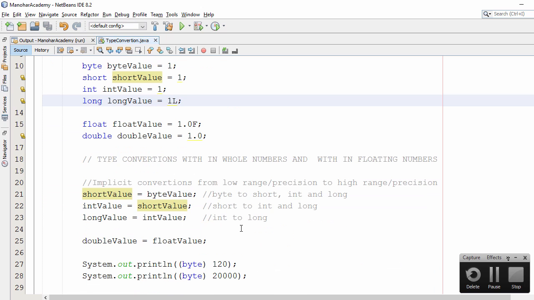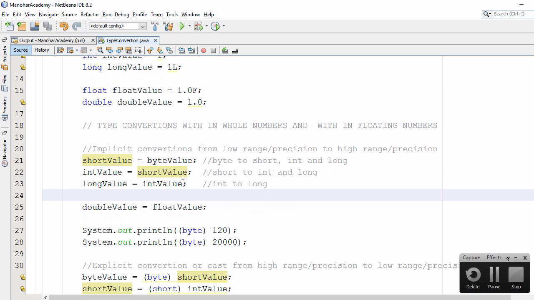Let's discuss the conversion within whole numbers first. As I have said before, byte has a maximum value of 127. It can always be assigned to short, integer, and long, so there is no problem. The conversion here is called implicit conversion because you don't need to do anything.